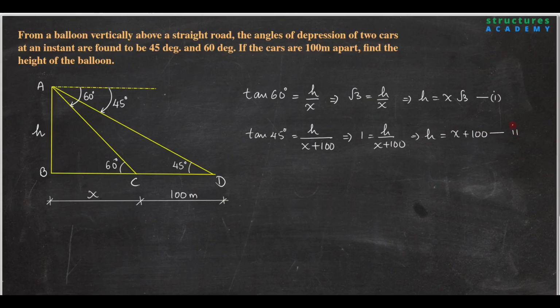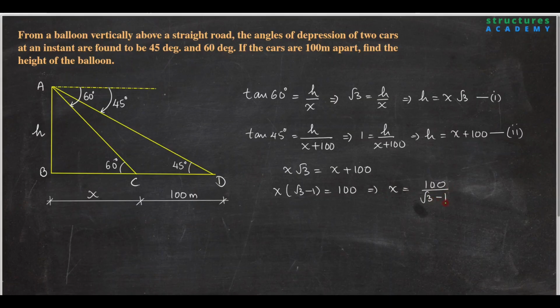Let's call this equation number 2. Since both equations are in terms of h, let us equate the right hand sides. x root 3 is equal to x plus 100. We bring the x terms together. x into root 3 minus 1 is equal to 100, which implies x is 100 over root 3 minus 1.